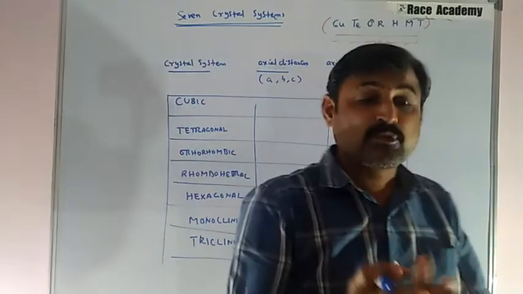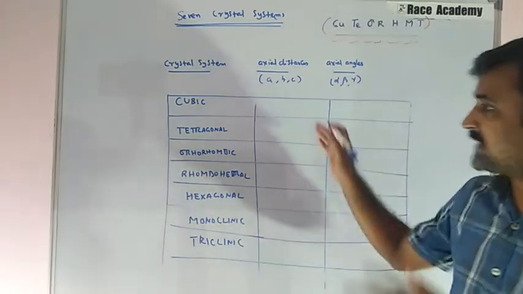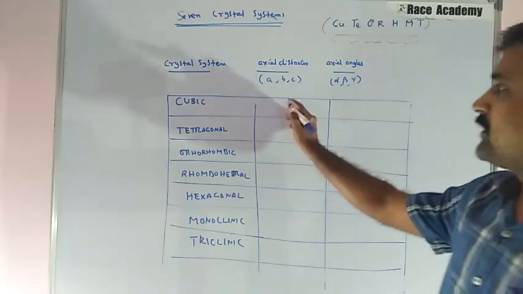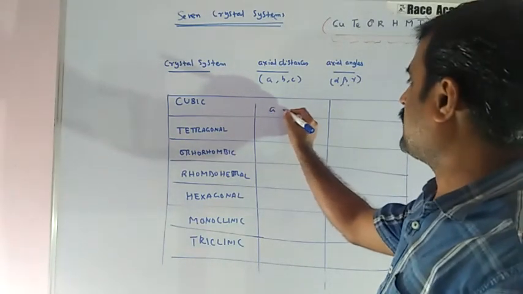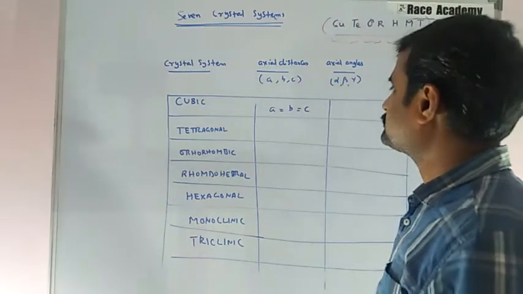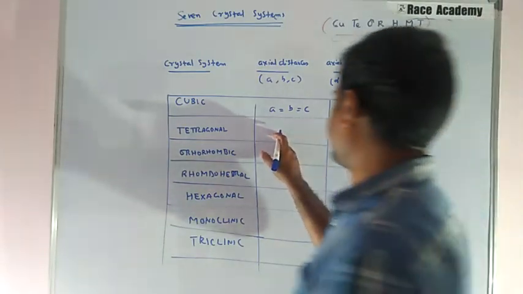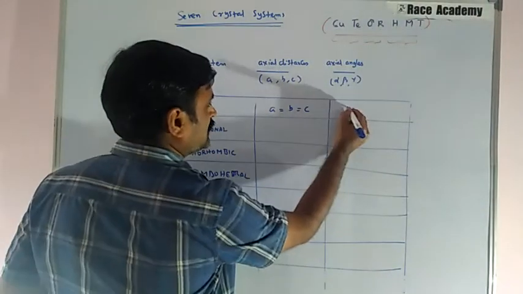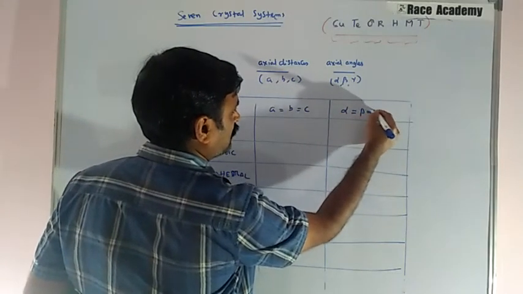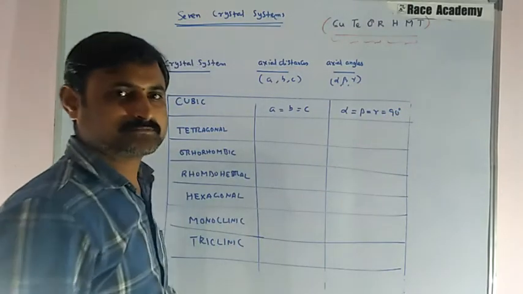If you see the table column given in the textbook, select from that cubic. Here you write all the distances are equal, and here you write alpha, beta, gamma all equal to 90 degrees.